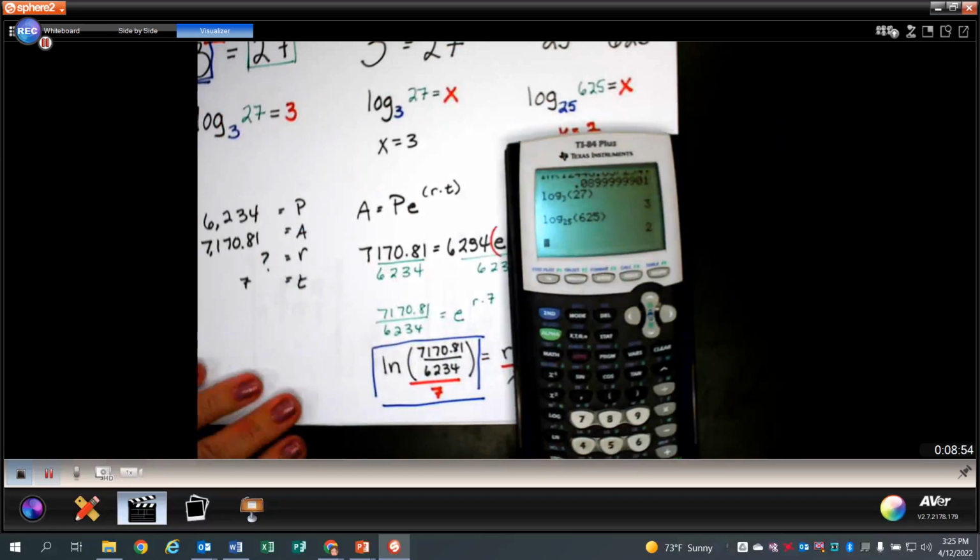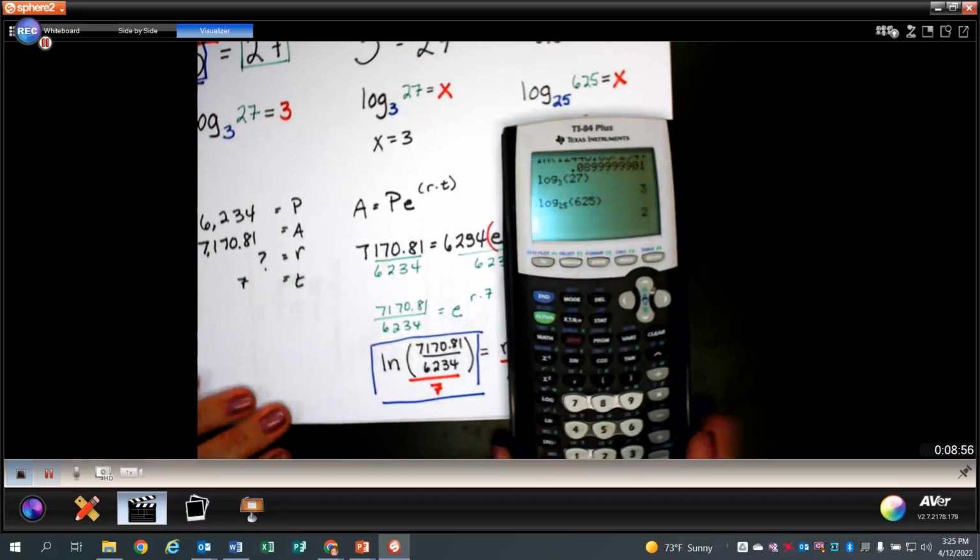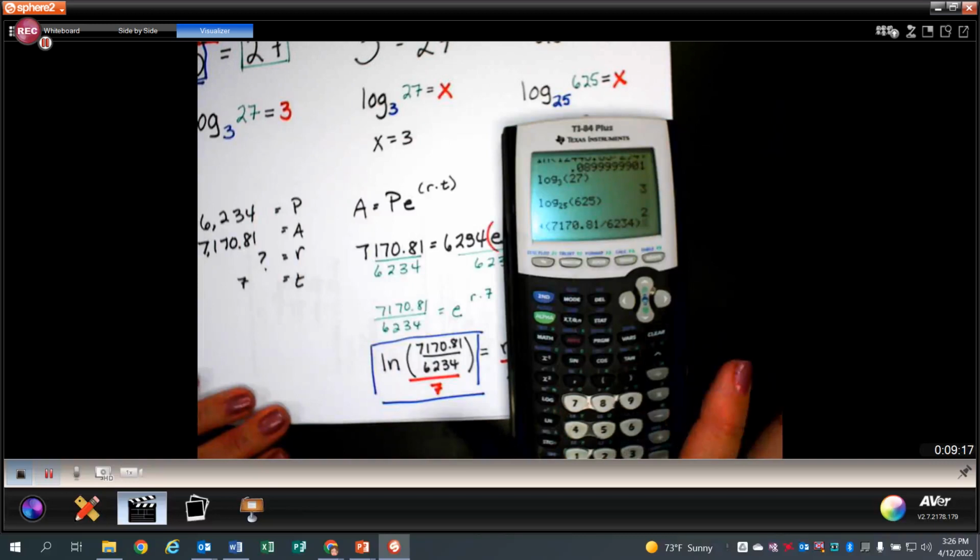So natural log is a button on the calculator. You just have to hit that button. And then I'm going to type in 7170.81 divided by 6,234. Now at this point, it's important to close your parentheses to let the calculator know that you're done entering numbers into the logarithm.